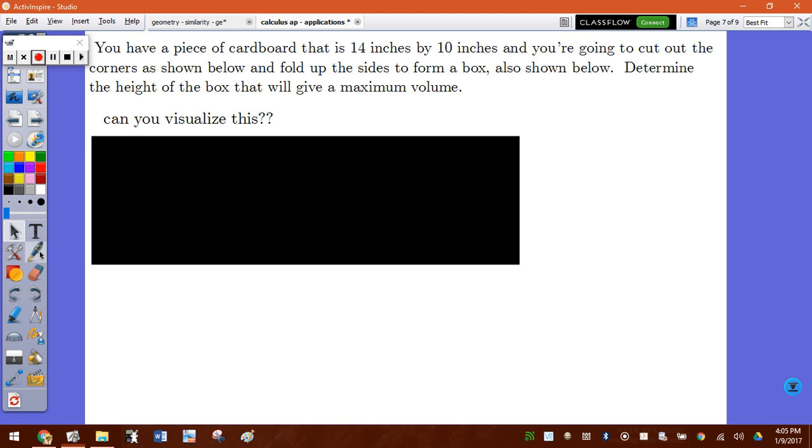Before I actually show you the visual here, I want you to try to visualize it yourself. So maybe pause the video for a moment and try to picture what this might look like, in order to understand how the size of the cut determines the volume of the box. If you had a piece of cardboard like this and you cut out pretty large pieces from the corners, what you would find is what remains, which is this thing right here.